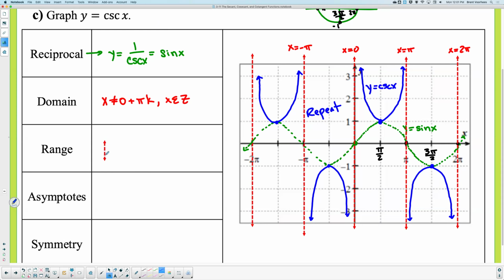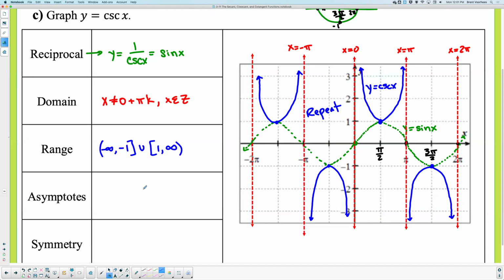Negative infinity. Okay, how high does this part of the parabola travel? -1. Now, they do share that point, so it's a bracket. They actually attain it. Now, let's talk about these other parabolas that are up here. What's the minimum of these parabolas that are facing up, that are concave up? 1. And then how high do those go? Positive infinity. Great.